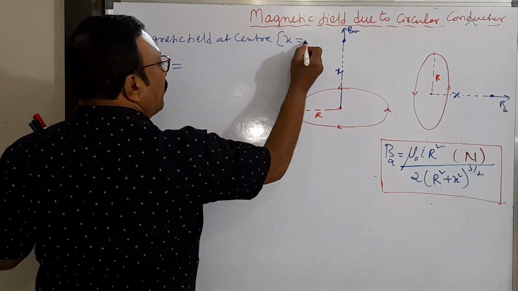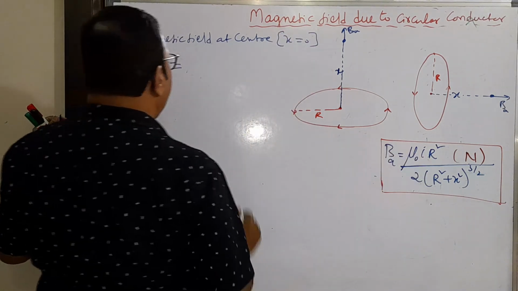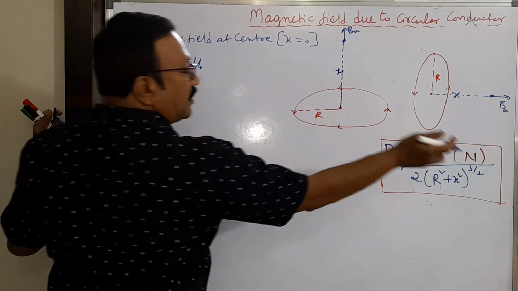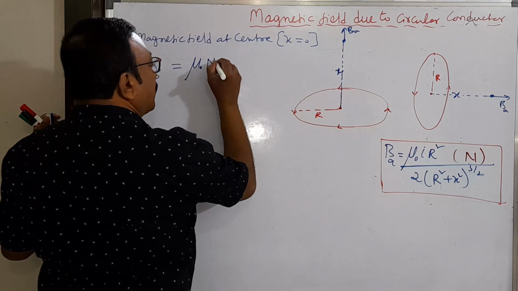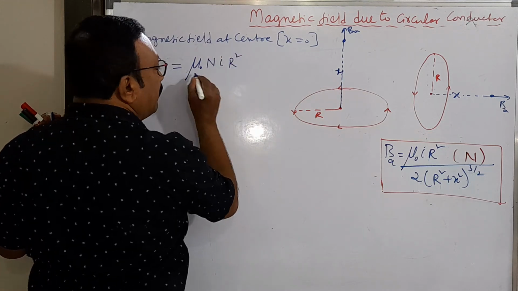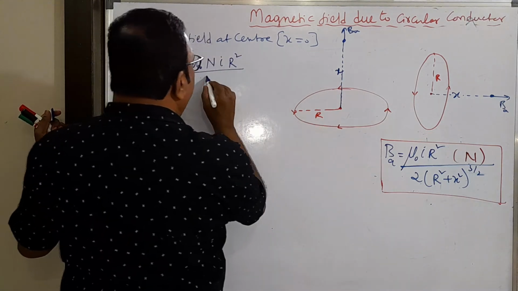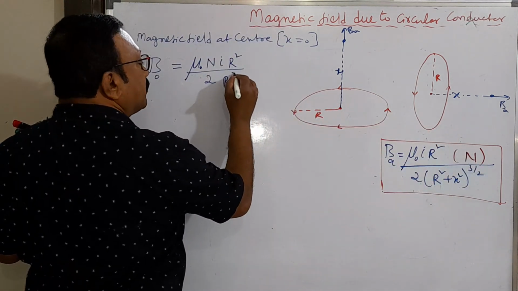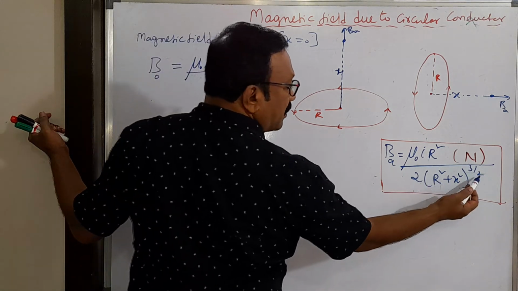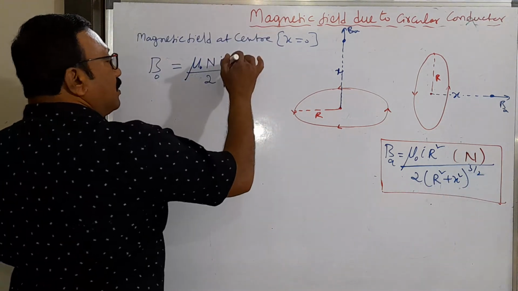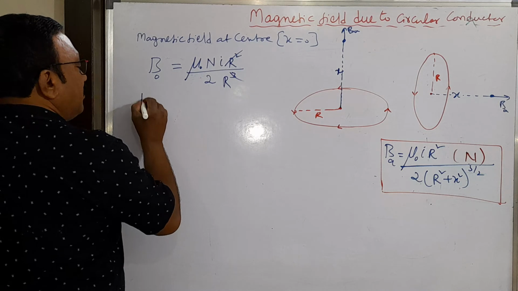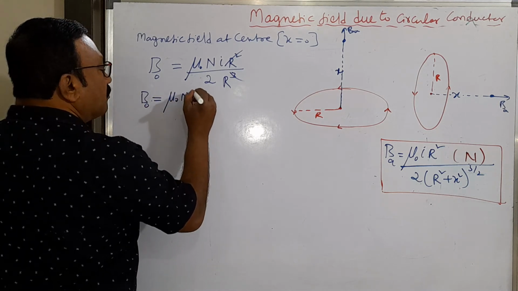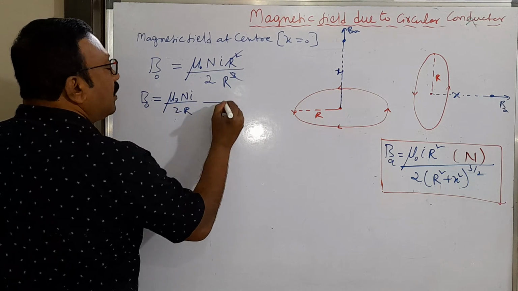Substituting x is equal to 0 in this formula, it is given by mu naught N I r squared divided by 2 into, this is 0, so r cubed I get. The 2 and 2 get cancelled, and r squared and r get cancelled. Therefore the magnetic field at the center is mu naught N I by 2r.